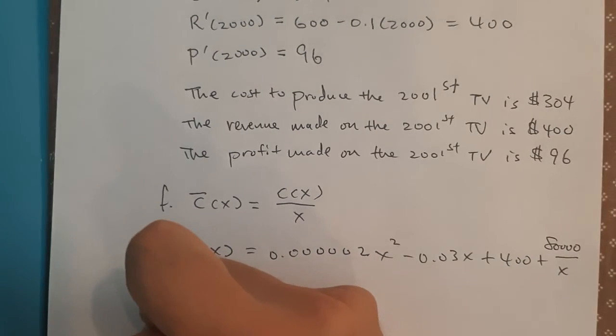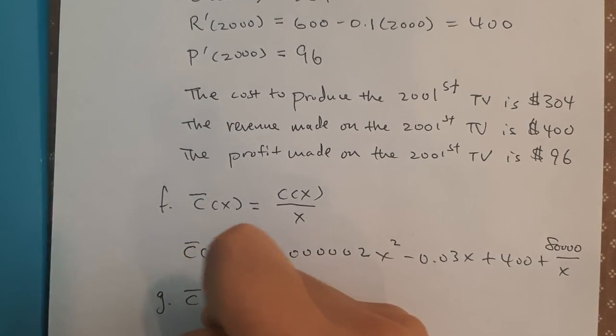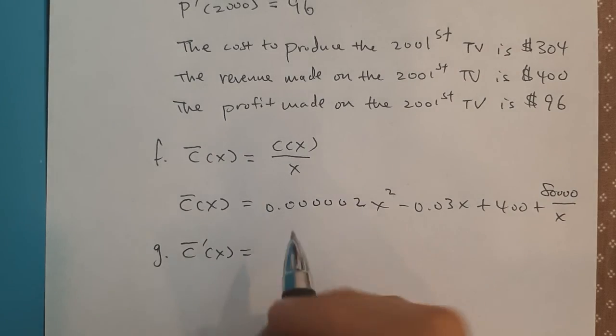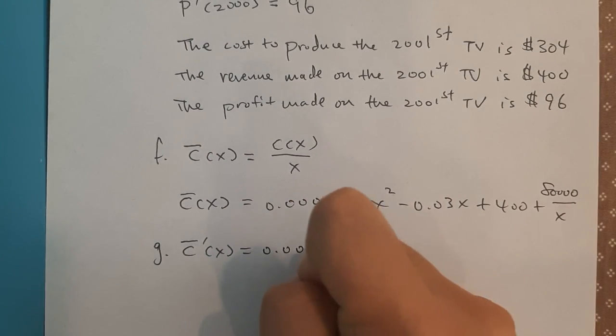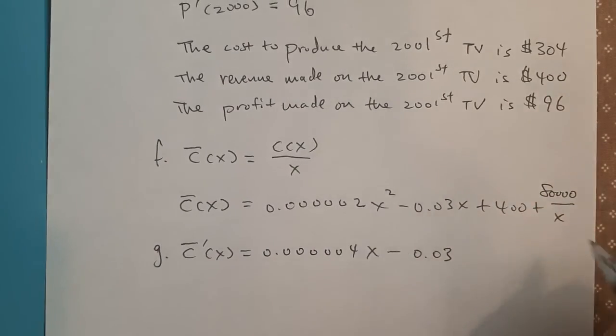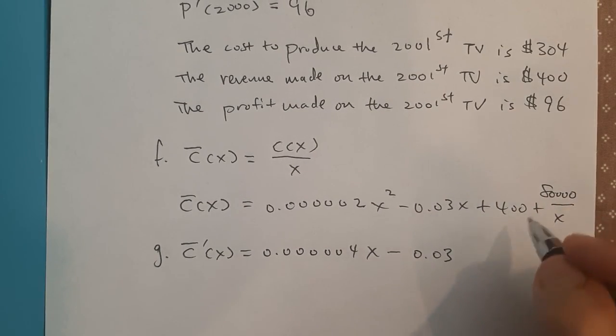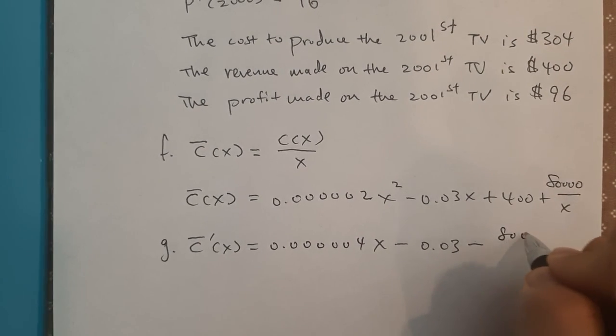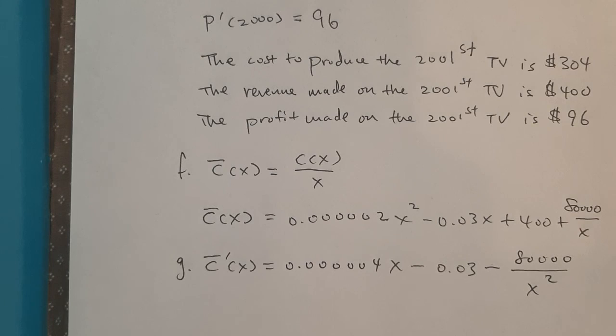G is to find the marginal average cost function, C bar prime of x. So we get the derivative, that's going to be 0.000004x minus 0.03. The derivative of 400 is 0. And then here we move it to the negative 1 power to get negative 80,000 over x squared.